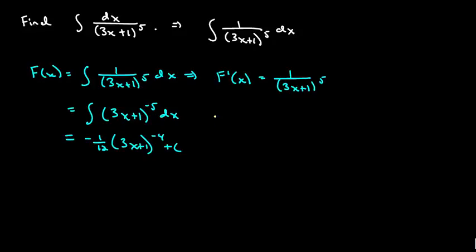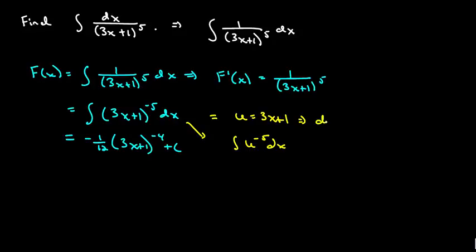Let's call it u. So let's let u be equal to 3x plus 1. So then this right here becomes the integral of u to the negative fifth dx. Well, I'd like to replace dx with du because I've got a u here. So I'm going to make a substitution or a change of variables, okay?